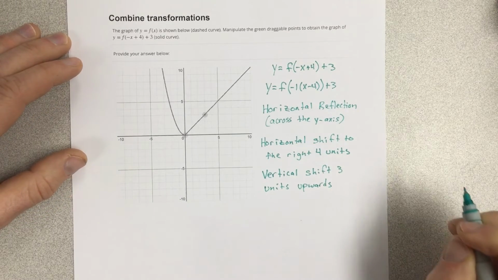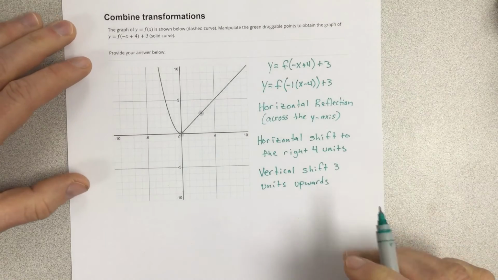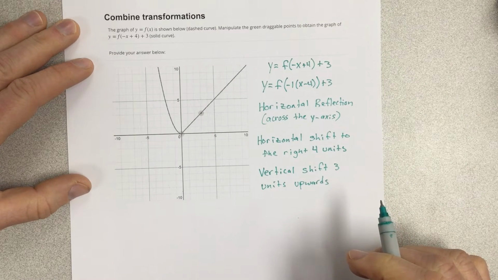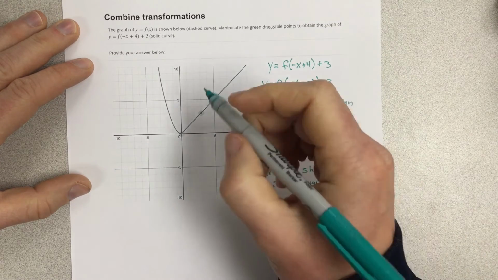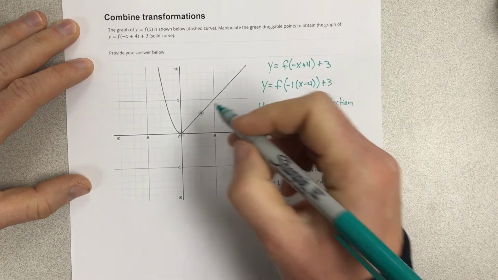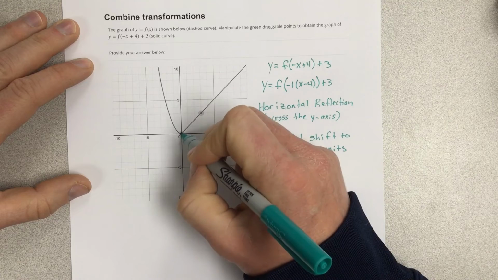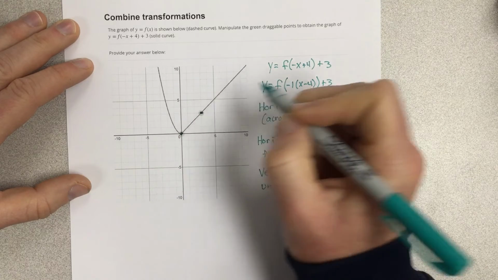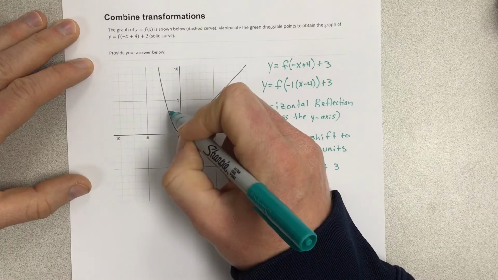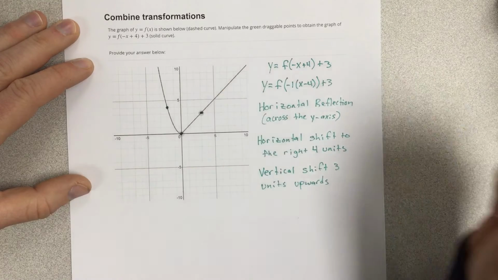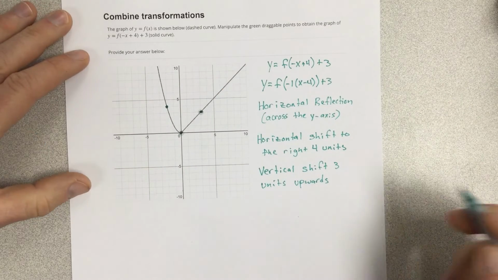So what I want to do is reflect this whole thing. Because I'm going to reflect it, I'm going to pick some points on this graph that I'm going to use to write the new function. I'm going to pick 0, 0. I've got this point there, and then that one looks like it goes through at negative 2. So let's write these down.